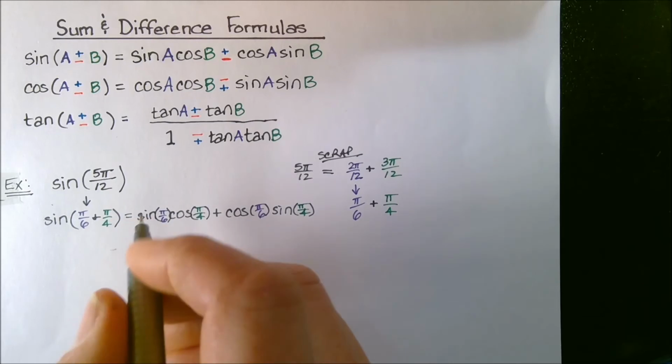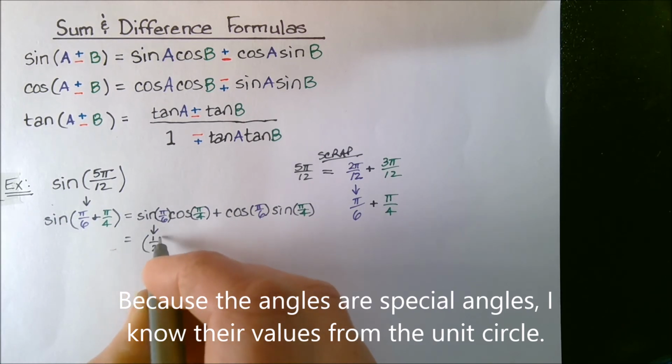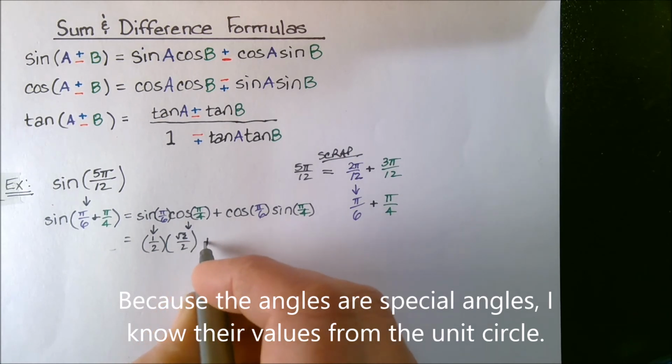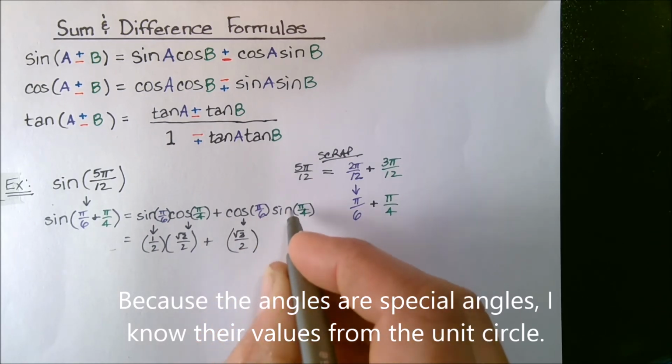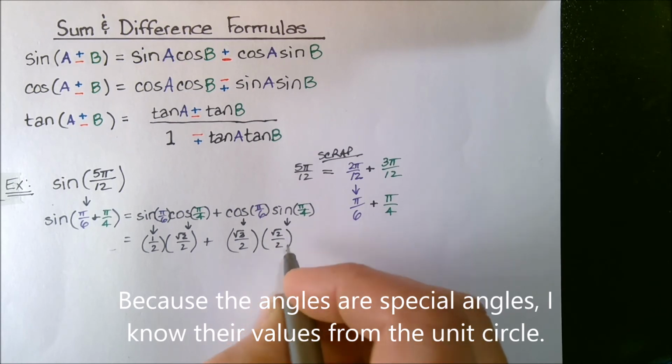Sine of pi over 6 is just 1/2. Cosine of pi over 4 is root 2 over 2. Cosine of pi over 6 is root 3 over 2. And sine of pi over 4 is root 2 over 2.